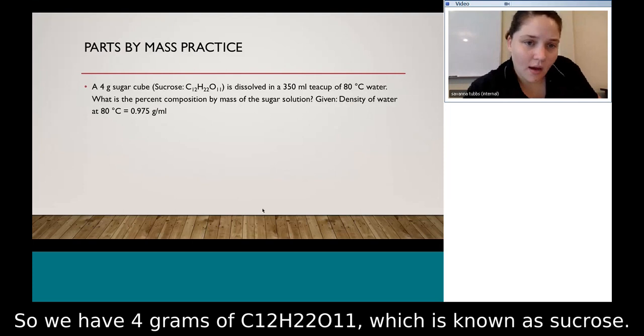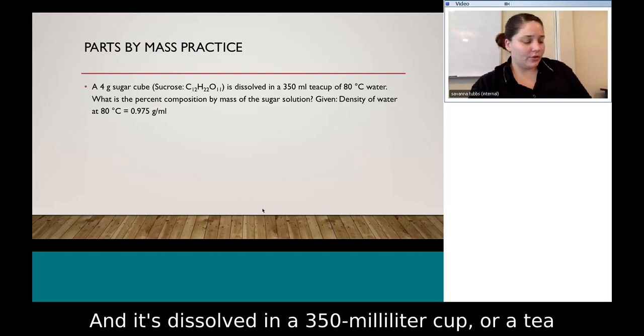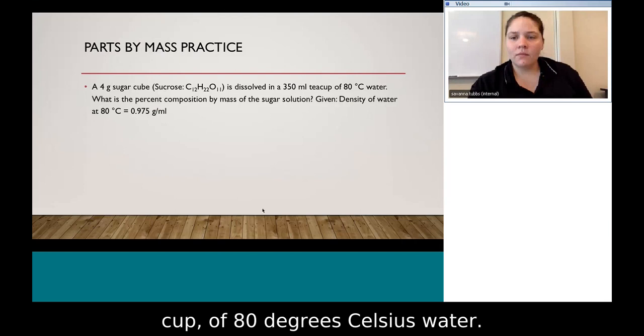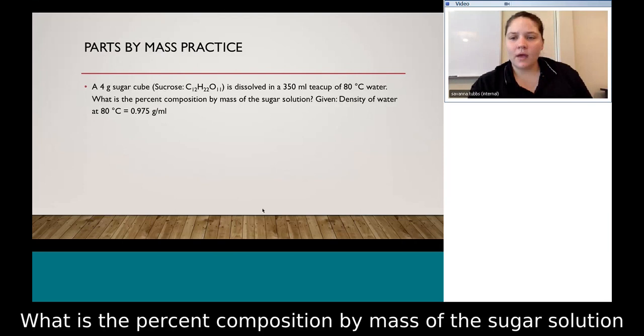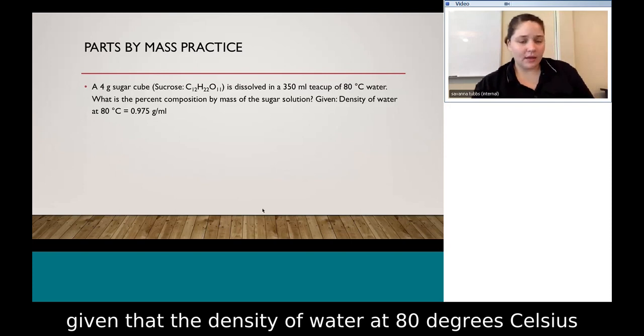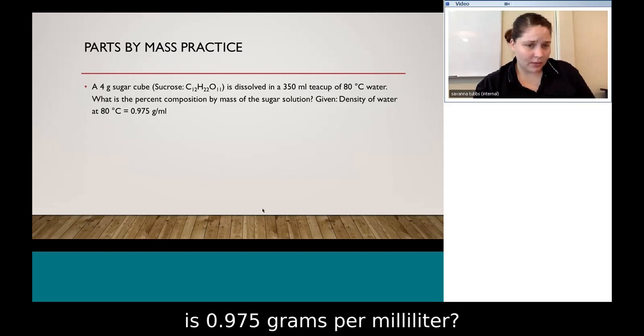So we have 4 grams of C12H22O11, which is known as sucrose, and is dissolved in a 350 milliliter cup or teacup of 80 degrees Celsius water. What is the percent composition by mass of the sugar solution? Given that the density of water at 80 degrees Celsius is 0.975 grams per milliliter.